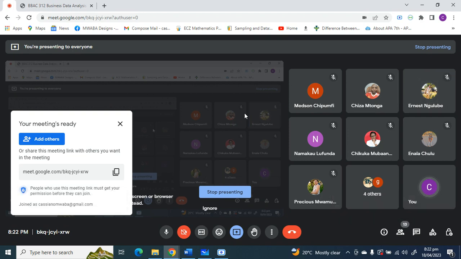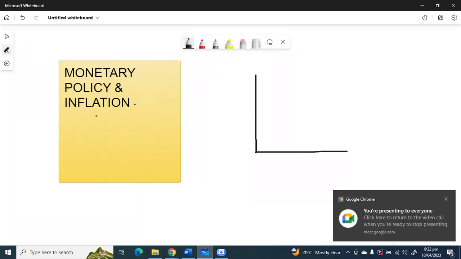Okay, so monetary policy, this is how the central bank influences the economy through the money supply. All right. Let's put that there.